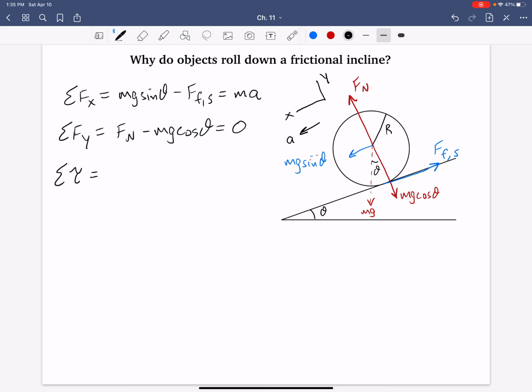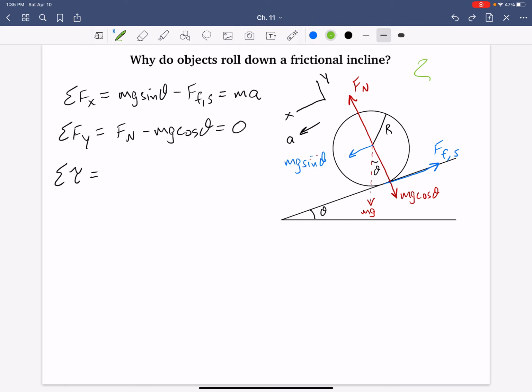So we have a torque now. In the reference frame of the ball, there's really only one torque, right? And that's the torque from the static frictional force. So let's do this in another color. Maybe green?